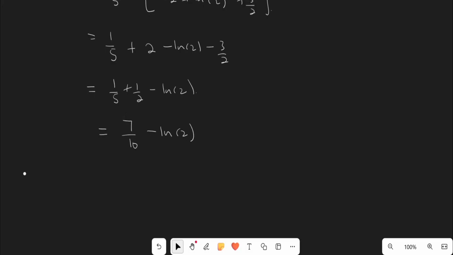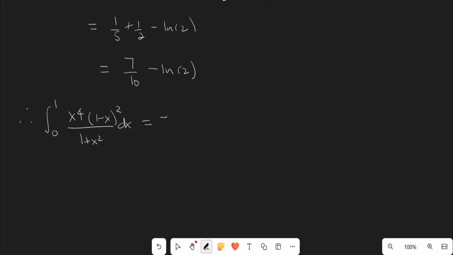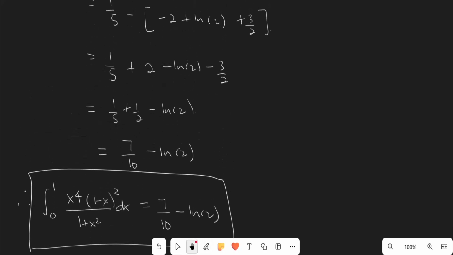So this one is the value of our integral. Therefore, the integral from 0 to 1 of x raised to the power 4 times 1 minus x all squared divided by 1 plus x squared dx evaluates to 7 over 10 minus ln of 2. So this is the value of our beautiful integral.